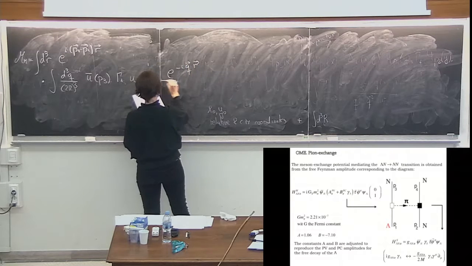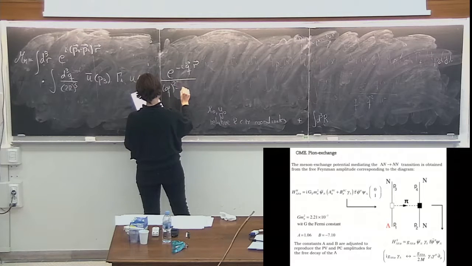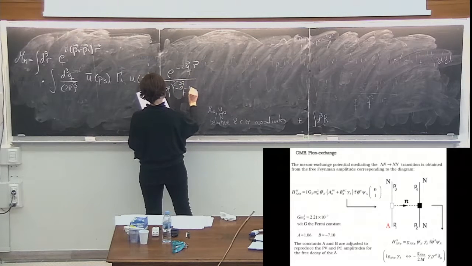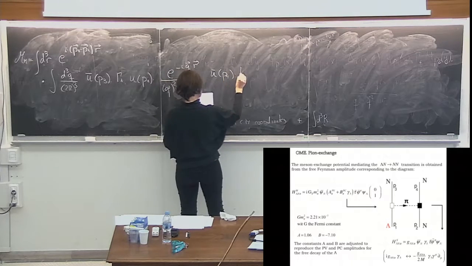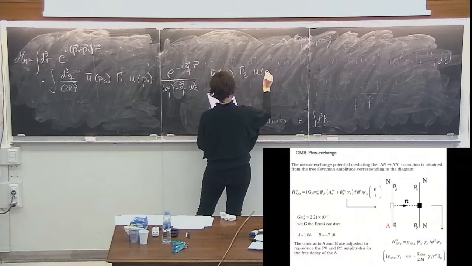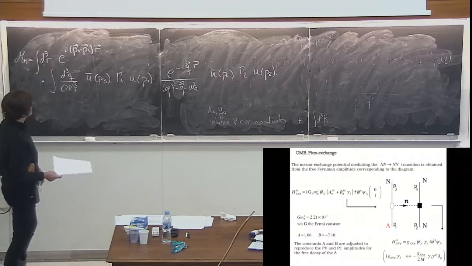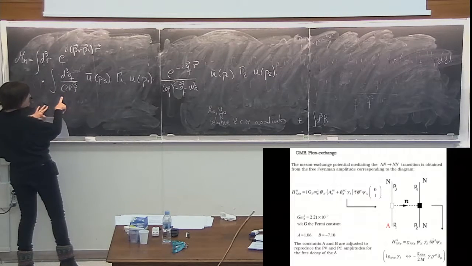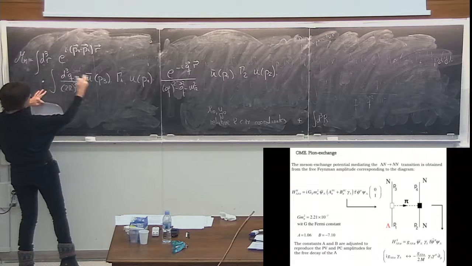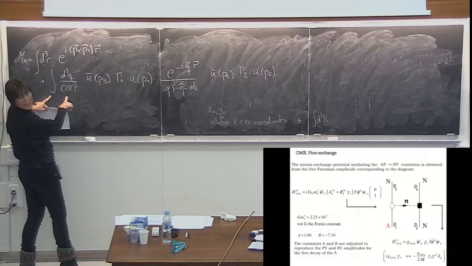This is the standard way to obtain the potential. Okay, so this is basically this part here. If you look at this second part here, the second line, this is basically the Fourier transform of the potential in momentum space.